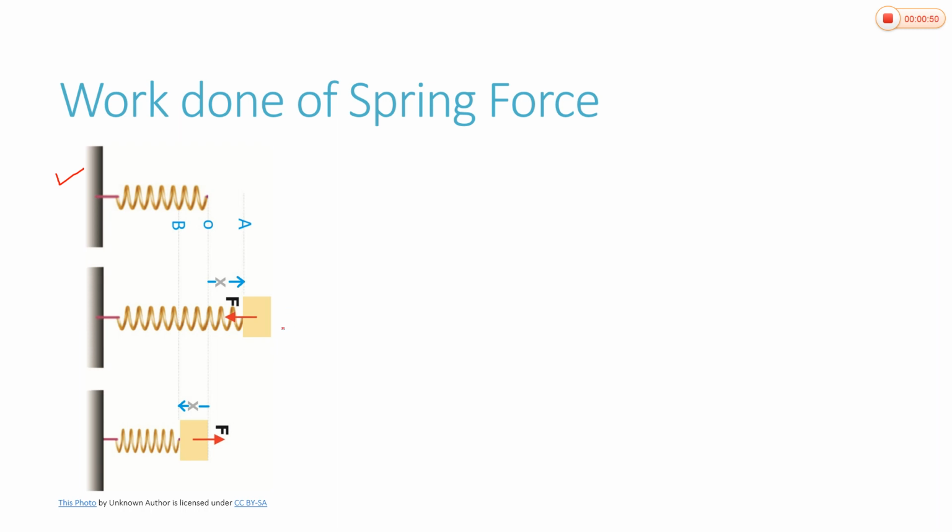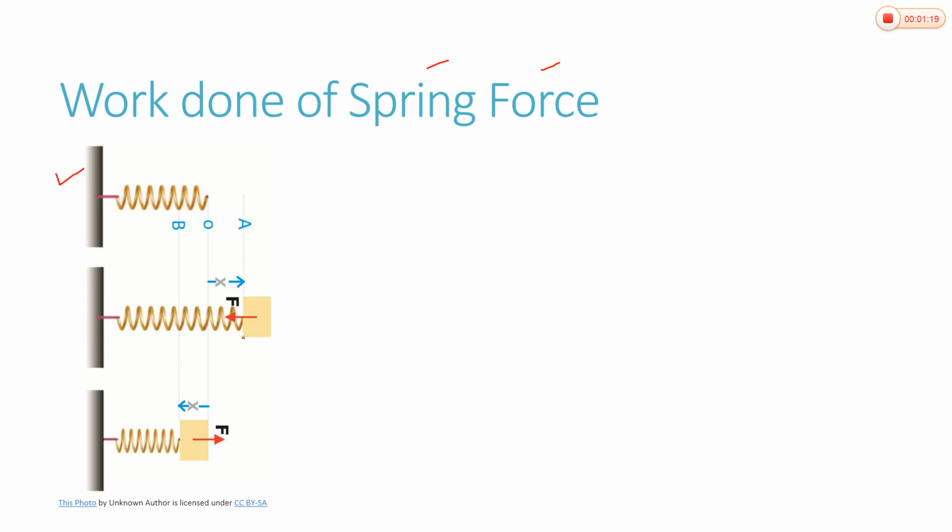In case 1, if we stretch that spring by distance x, then definitely a spring force is going to develop inside the spring, and this spring force tries to bring the spring to its original position. Means if we displace the spring away, the spring force acts opposite to that.